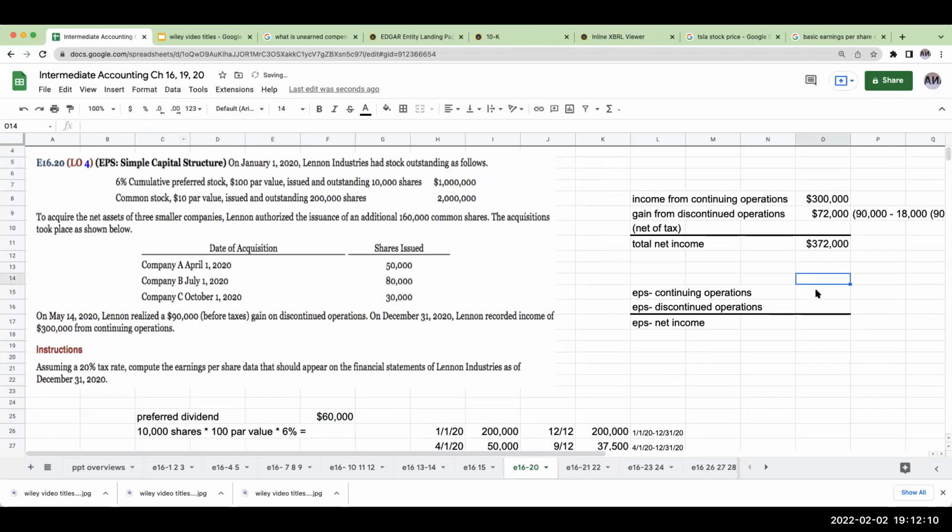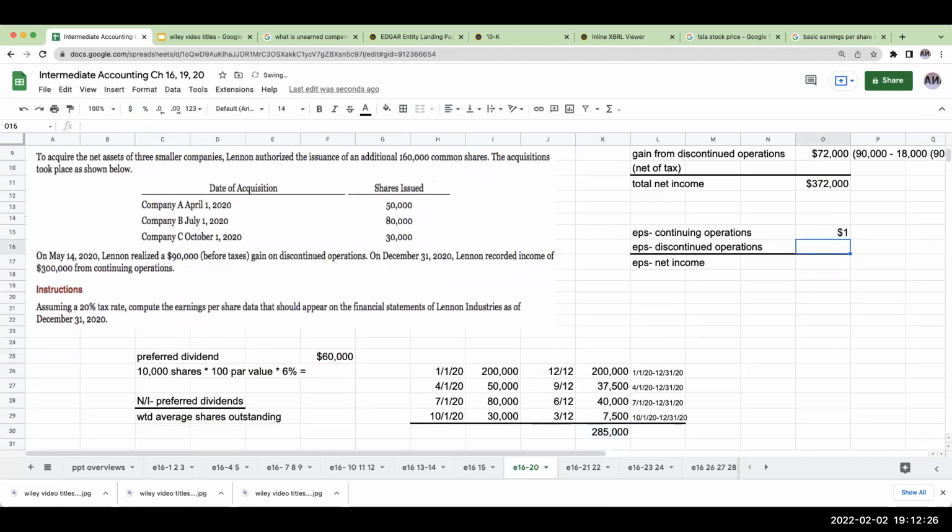So for right over here, net income from continuing operations is going to be 300,000. 300,000 minus 60,000, divided by 285,000, or roughly 84 cents per share.